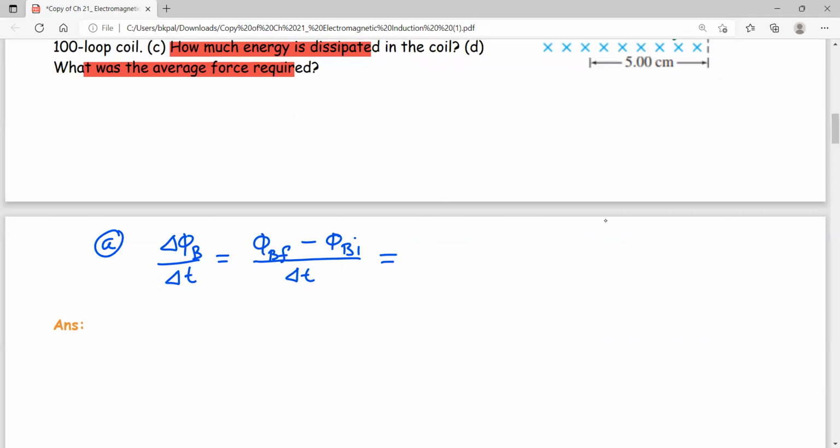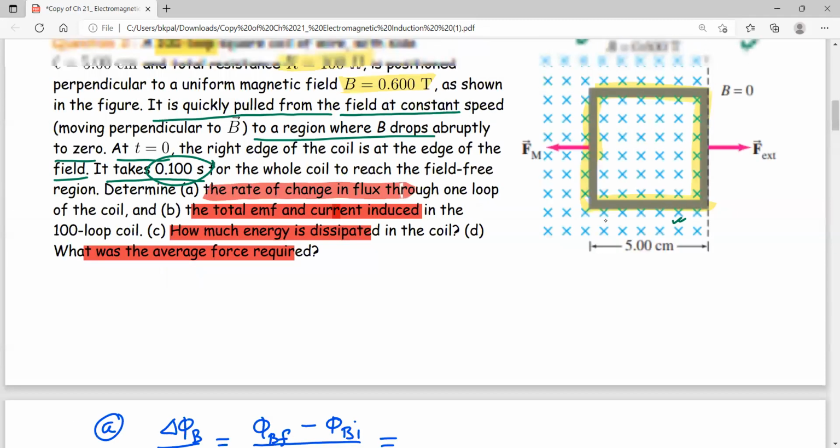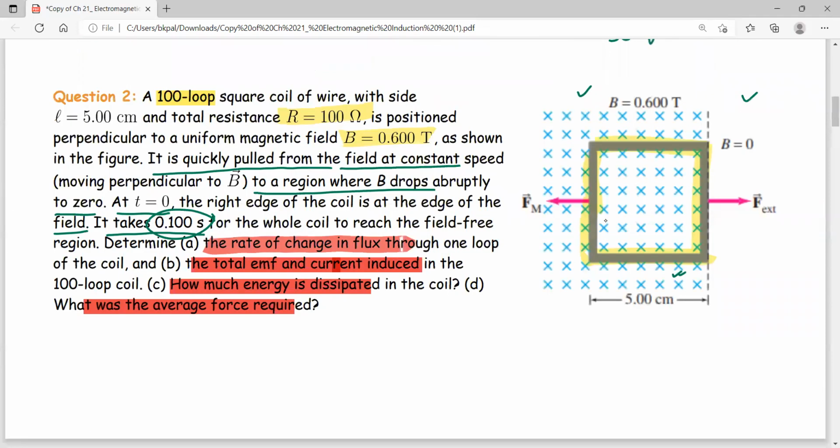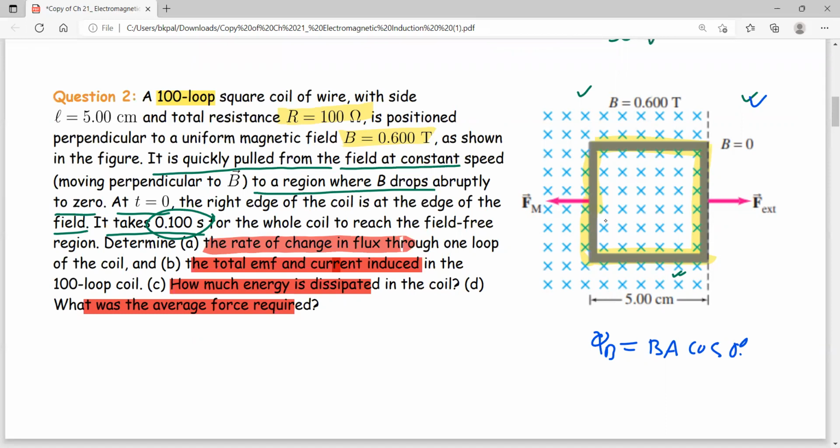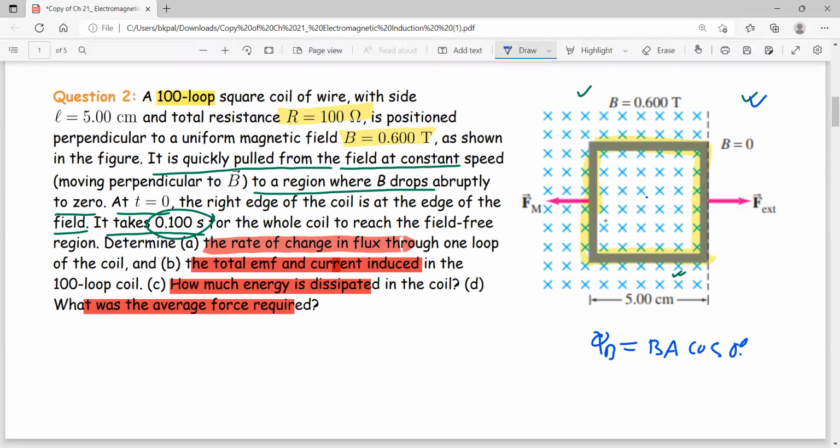The final means this position when the loop is here, when there is no magnetic field. When there is no magnetic field, there is no magnetic flux, because phi B equals B times A cosine. Here the angle is 0 degree, because this is perpendicular.